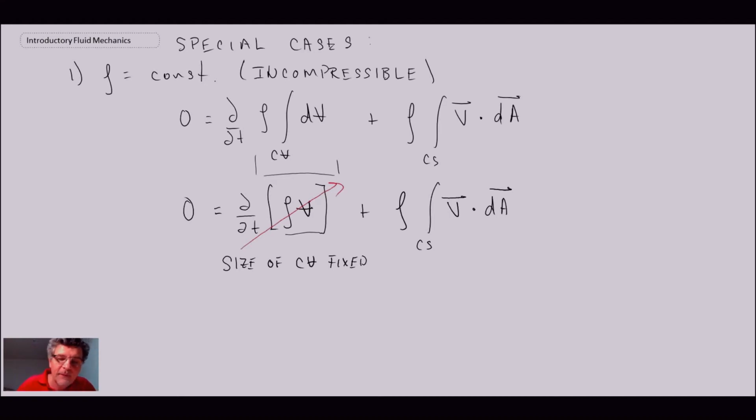So with that, for the case of incompressible flow, our continuity equation, or mass conservation, reduces to the following form.